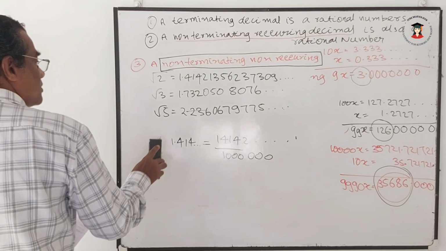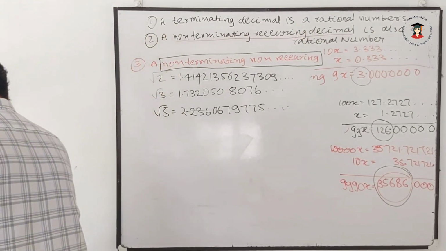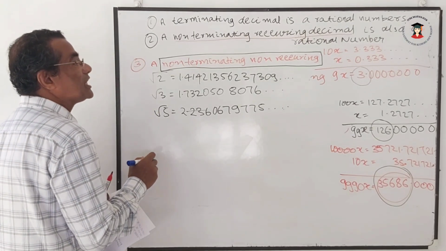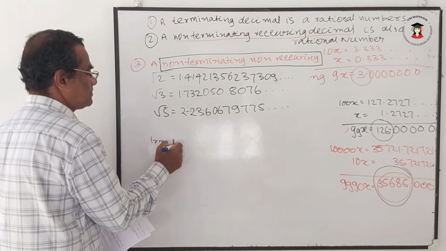Since this cannot be converted into a rational number, these are called irrational numbers.